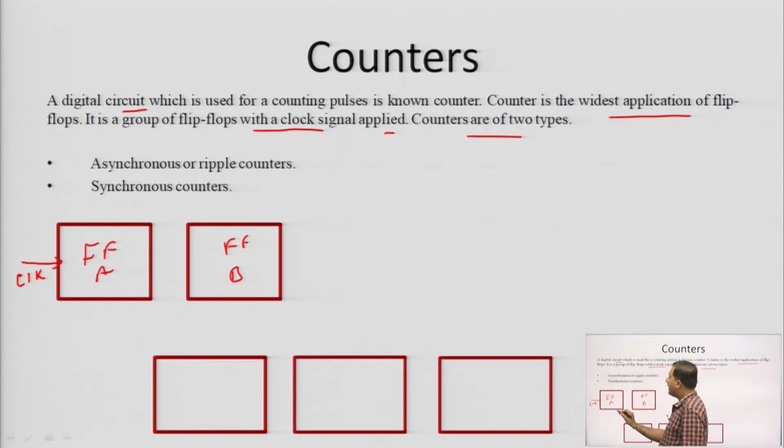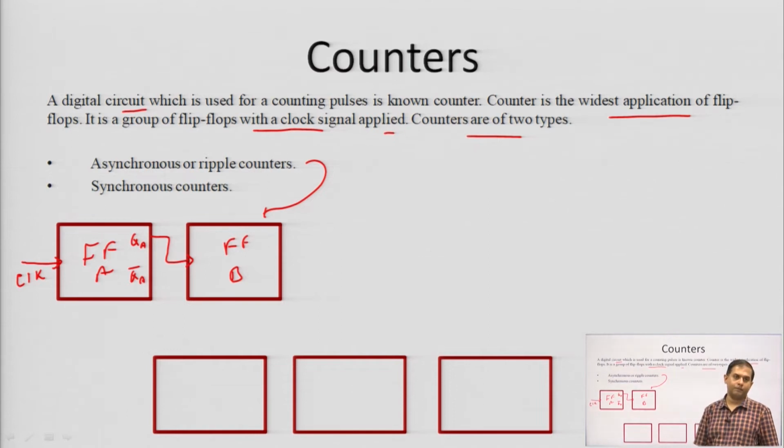Now we give the clock to the first flip flop, and it has two outputs, QA and QA bar. If the output of the first flip flop is taken as the clock for the second flip flop, this is called an asynchronous counter.